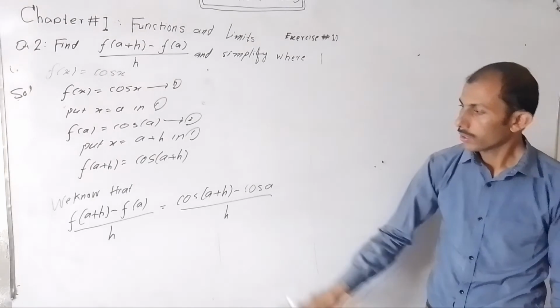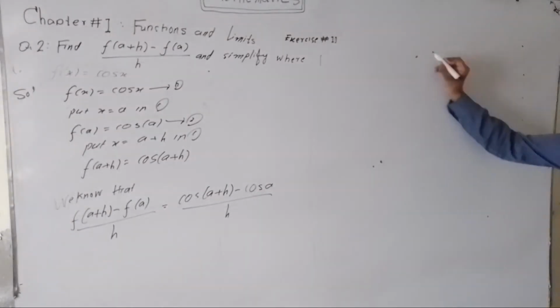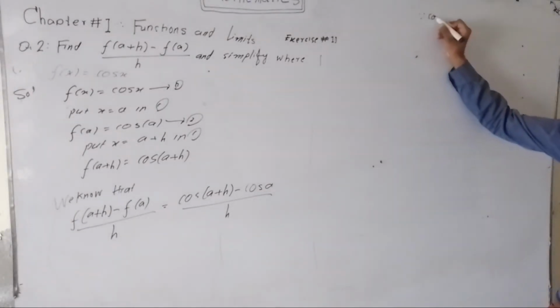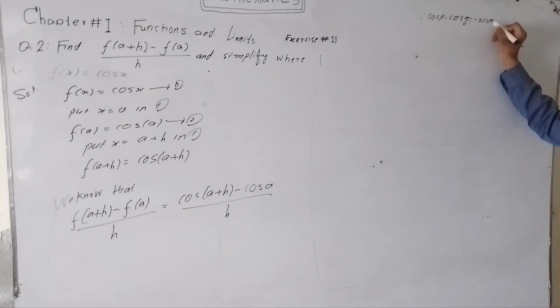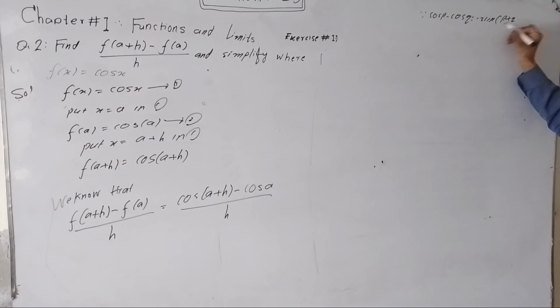Next, cos p minus cos q formula: minus 2 sin (p plus q) over 2, sin (p minus q) over 2.